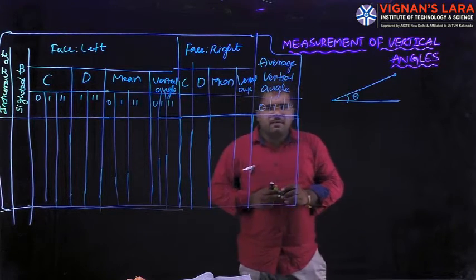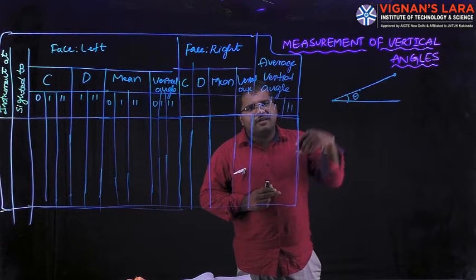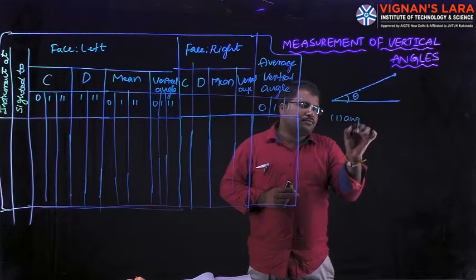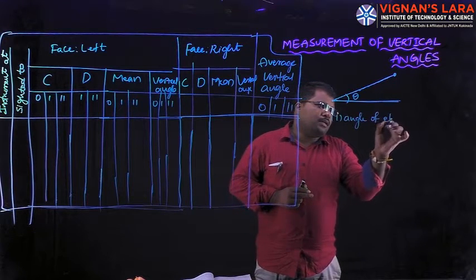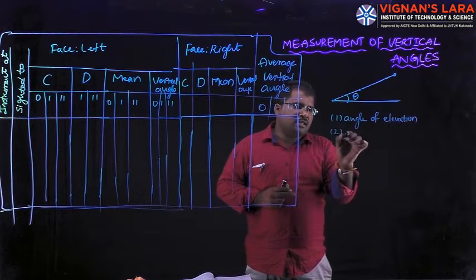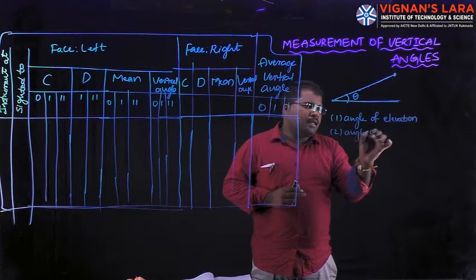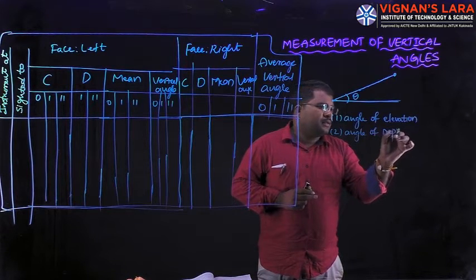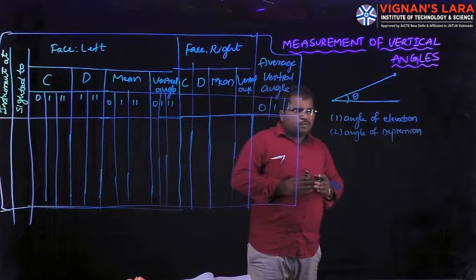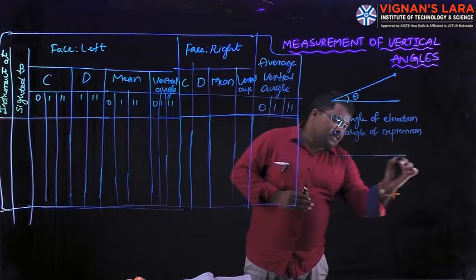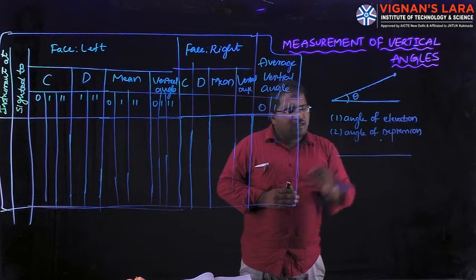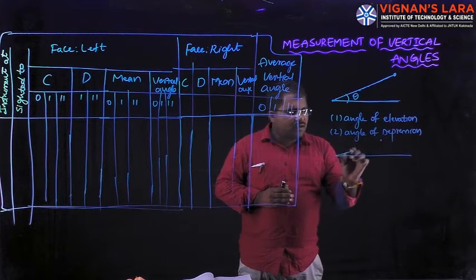This vertical angle may be of two types: one is the angle of elevation and the second is the angle of depression. It is called elevation when, taking this as the horizontal, the point is above the horizontal plane and I am sighting upward.